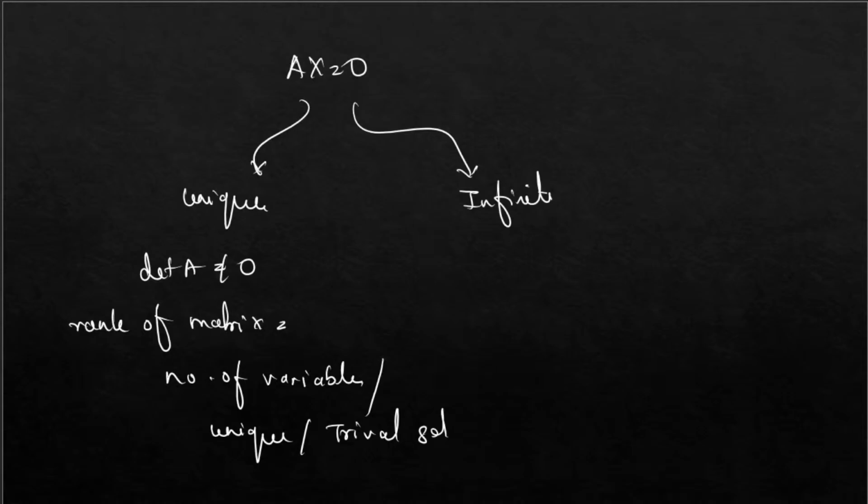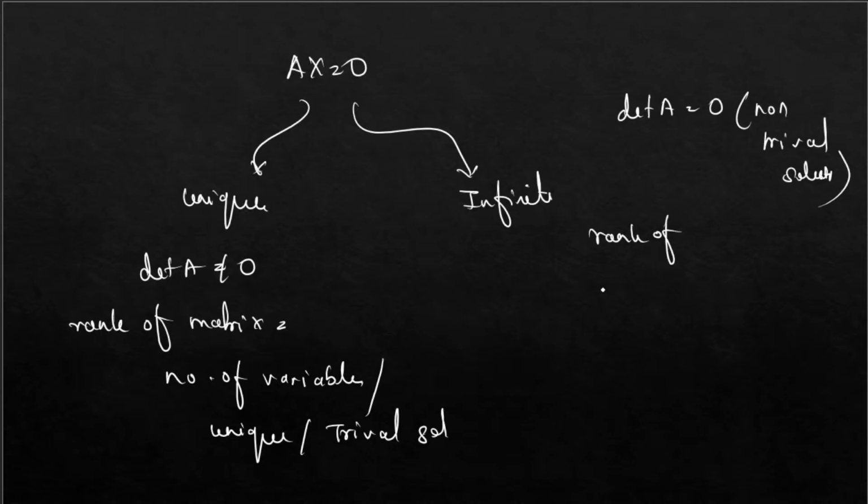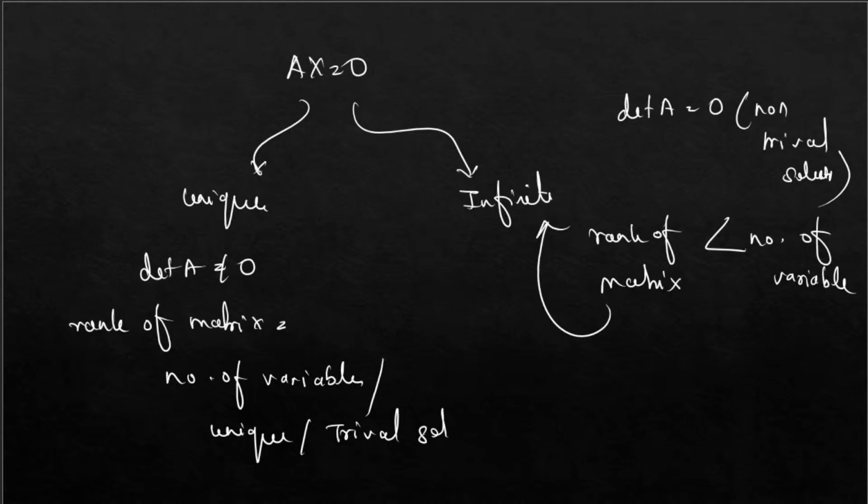Okay. Now when will the case be infinite? When the determinant of A is 0, which is a non-trivial solution, and the rank of the matrix is less than the number of variables, then it is said to be infinite solutions.